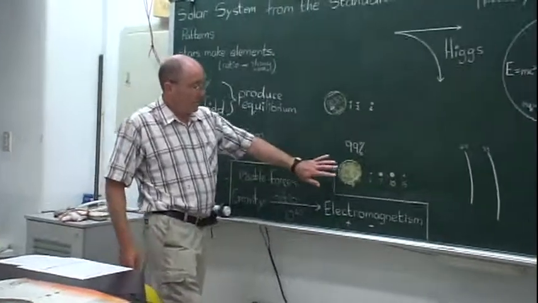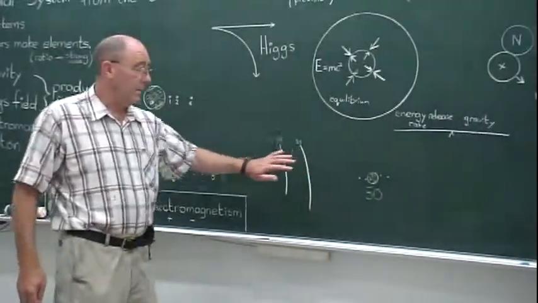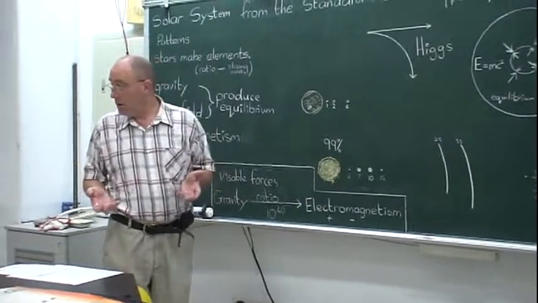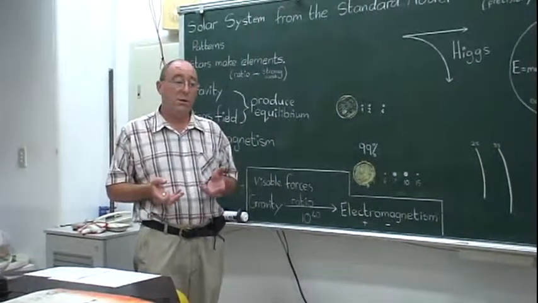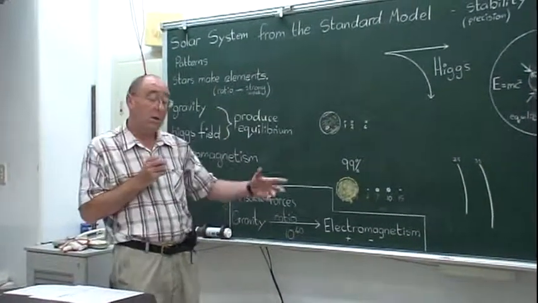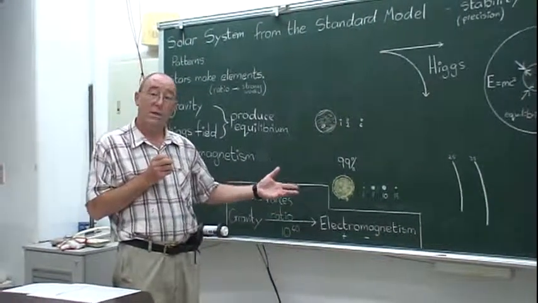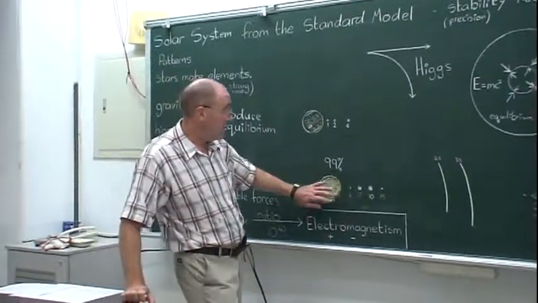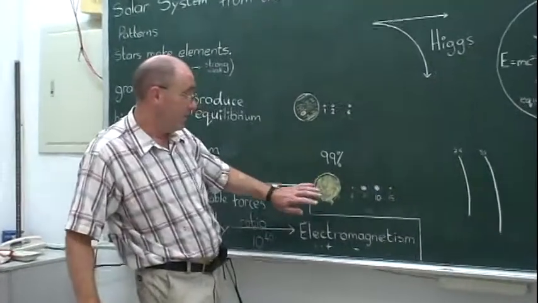Now, I've drawn here a representation of the solar system. Atoms are always drawn wrongly in books because you can't draw them. I can't draw my electron a kilometre away over here. The solar system is the same. I can't draw it to scale because it's too big and there's too much empty space. So here's 99% of the gravity.